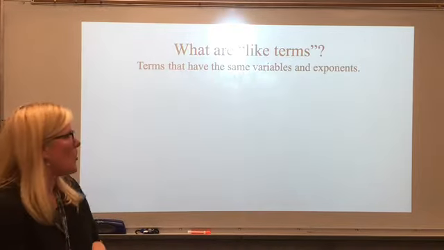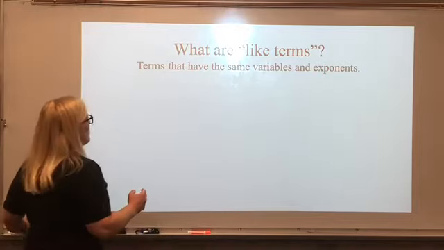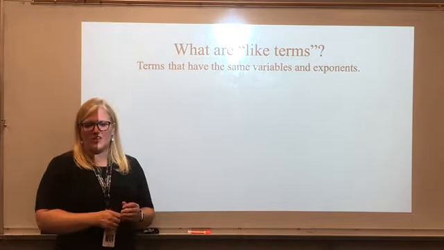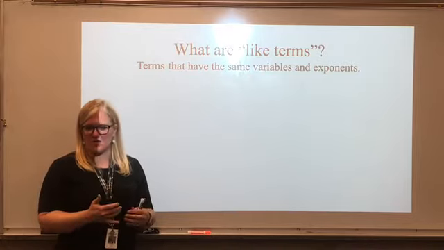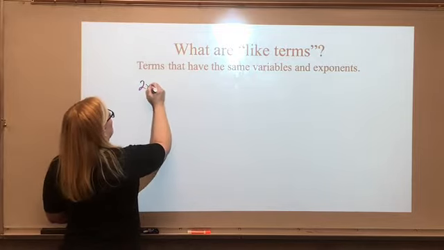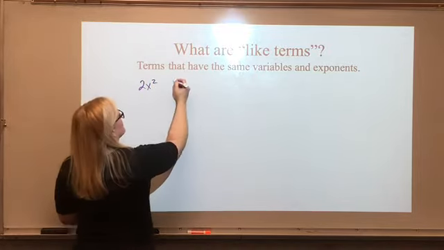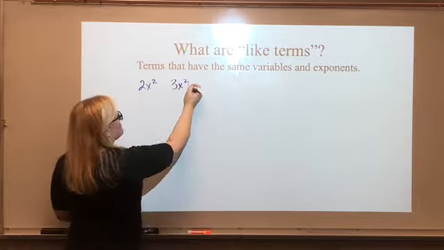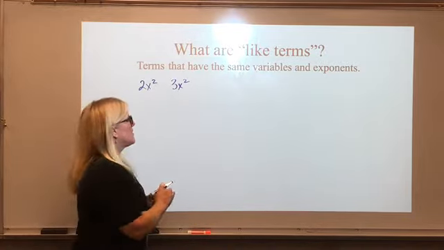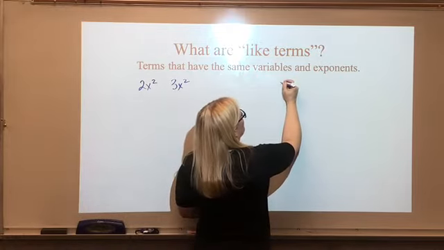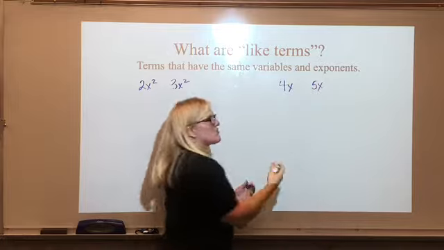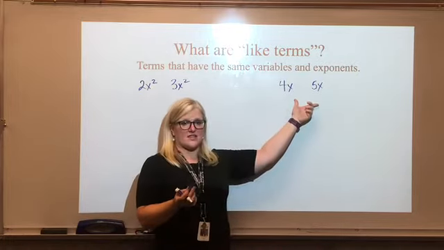Okay, so to start, I just want to review what like terms are. Well, they're terms that have the same variables and exponents. So for example, 2x squared and 3x squared are like terms because they both have x squared in them. 4x and 5x are also like terms because they both have x in them.